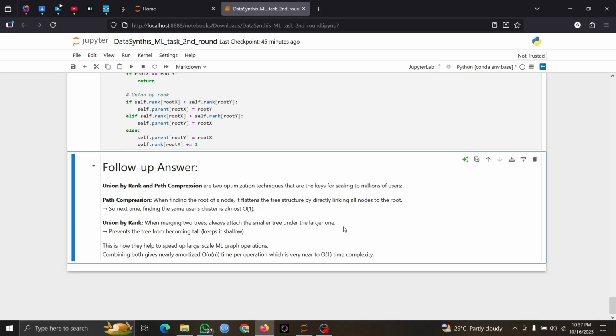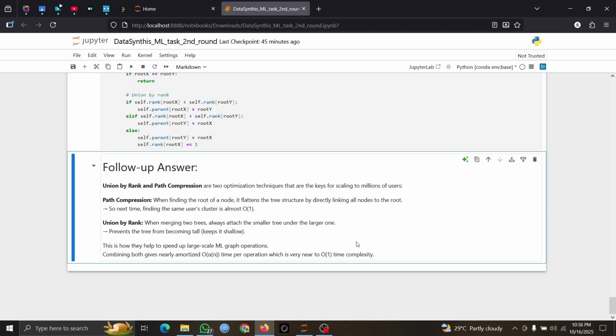What does path compression do here? When finding the root of a node, it flattens the tree structure by directly linking all the nodes to the root. So the next time we find the same user's cluster, it is almost O(1) per operation. And union by rank helps because when we merge two trees, we always attach the smaller tree under the larger one.